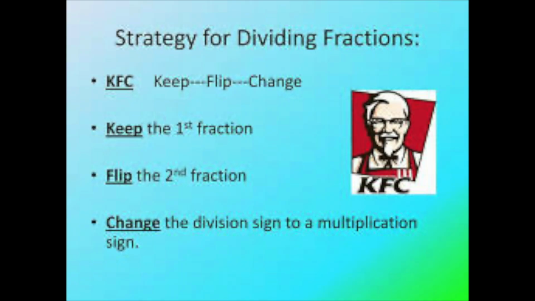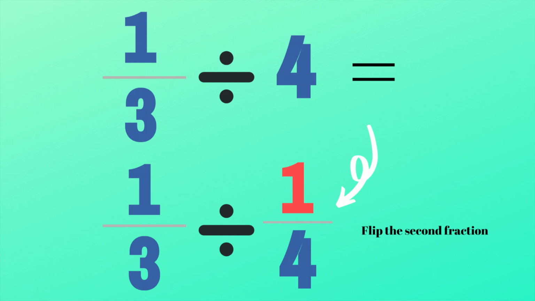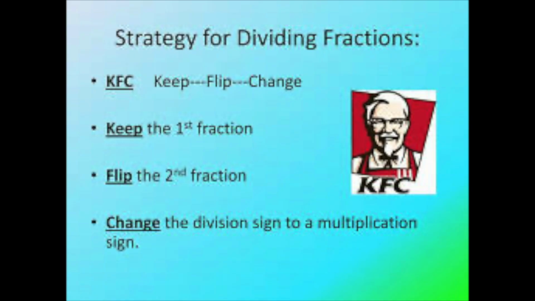If I want to flip, I am flipping my second fraction. That's called the reciprocal. My second fraction is 4, which is 4 wholes, but if I want to make that a fraction, it's 4/1. If I want to flip that, instead of 4/1, it's going to be 1/4. So you're just flipping the numerator and the denominator.